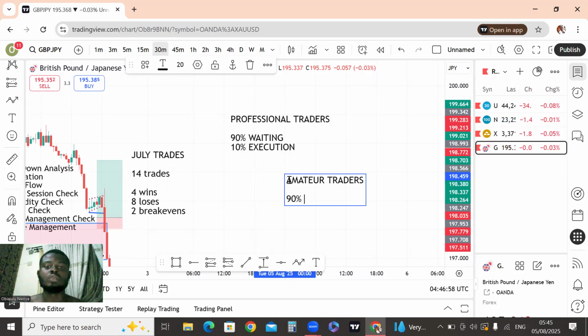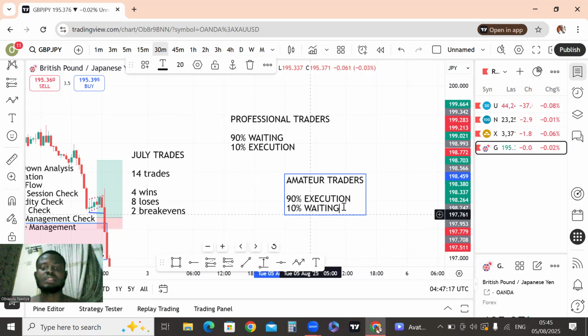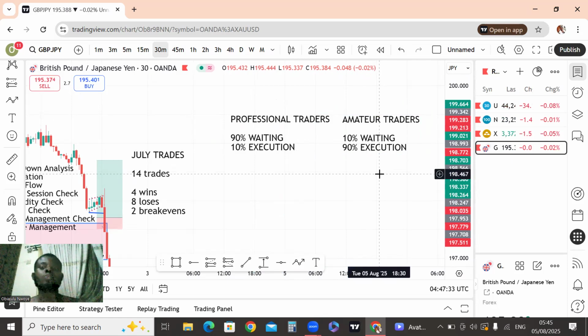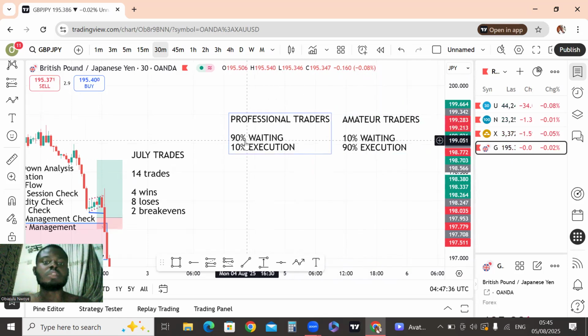You do 90% execution and 10% waiting. Guys, it's crazy, man. So place this side by side. This is what we are doing. Professional traders do 90% waiting.